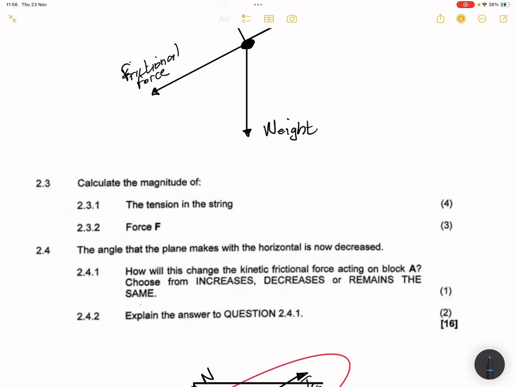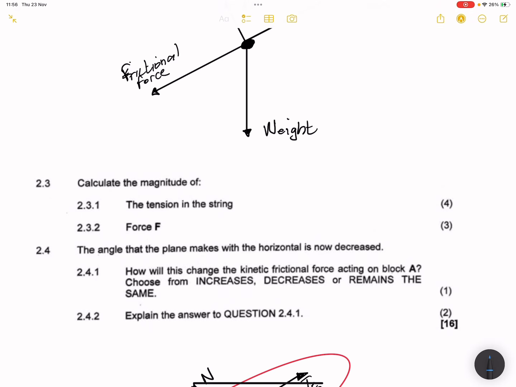They say to us, the angle that the plane makes with the horizontal is now decreased. Now remember, once we decrease the angle, ladies and gents, it will affect the normal force. I'm going to show you just now. They say, how will this change the kinetic frictional force acting on block A?